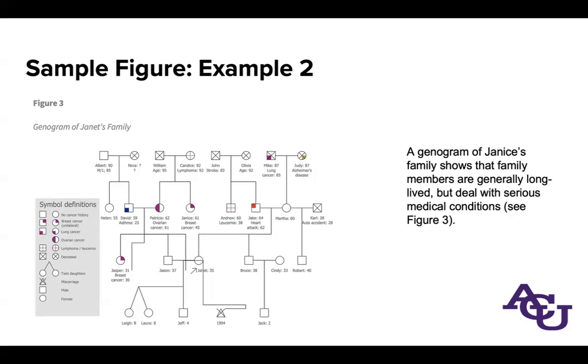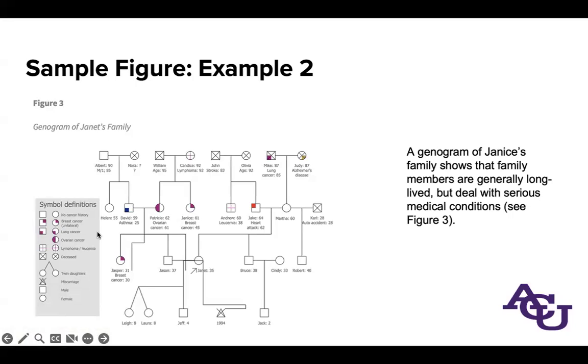Now, if Janice or Janet is going to be the focus, according to the assignment and instructions, you're going to want to have a double circle around her. Now, this particular notation used an arrow, but again, be aware of what the requirements are for this assignment.